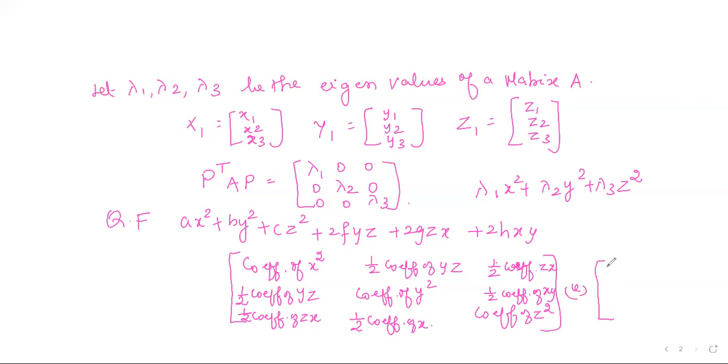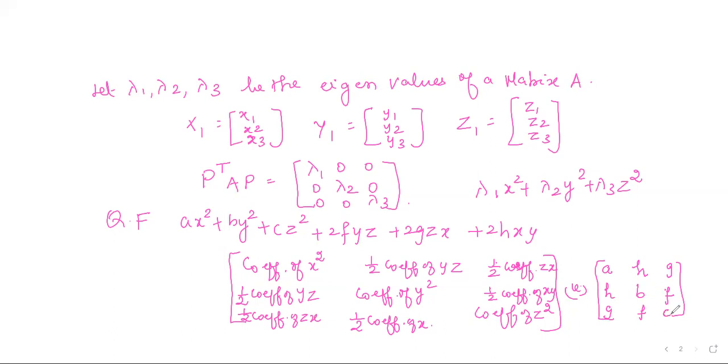If you write it, the first entry will be a and the second entry will be h, so a12 is the same as a21, and the diagonal a22 is b. Then a23 is f, a32 is also equal to f, a13 is g, so a31 is g.